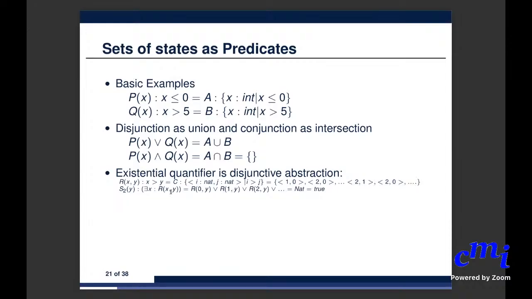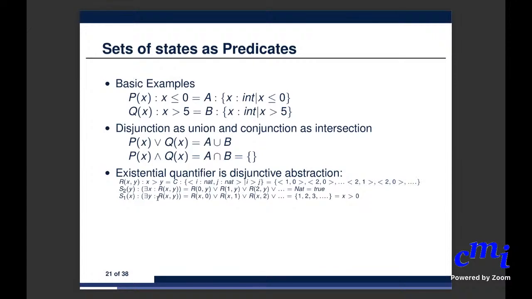And you can see now that the existential quantification is like instantiating, enumerating all the values for which R(0, y) is true. So that's like taking a disjunction of all those values, and a disjunction is a union. So in this case, it'll reduce to true. Okay. Similarly, S1(x).